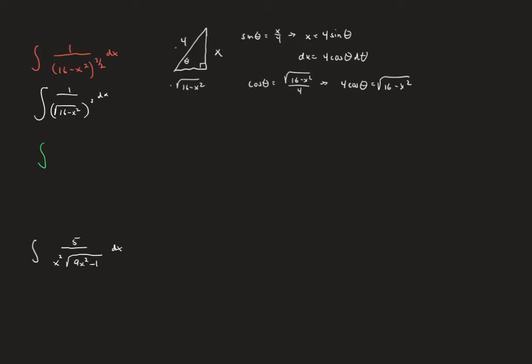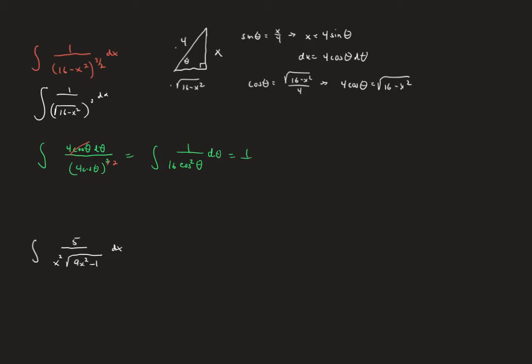So it's going to be the integral of the dx, which we're going to call 4 cosine of theta d theta. The radical is going to be 4 cosine of theta, and that's going to be to the third. So it looks like one of those 4 cosine thetas is going to cancel. And that will get us to 1 over the 4 will get squared and be 16, and we've got cosine squared theta d theta.